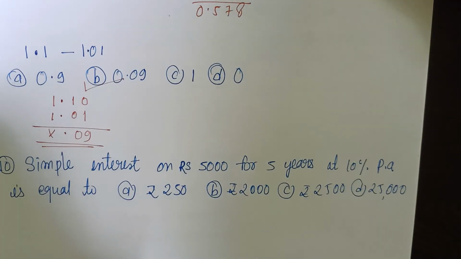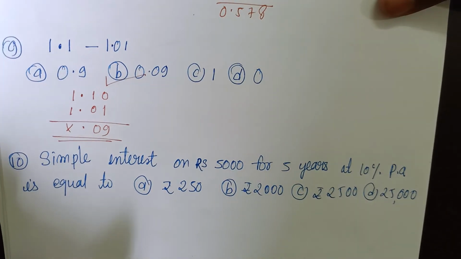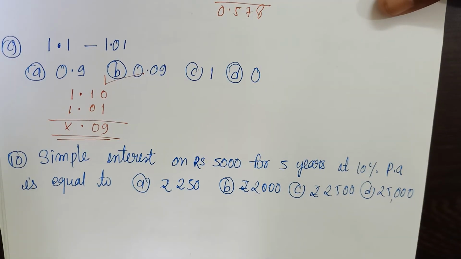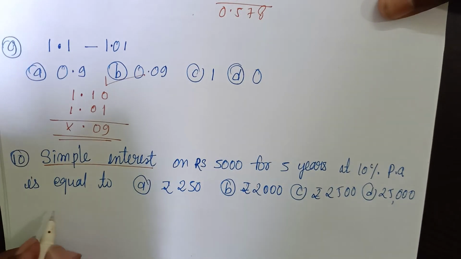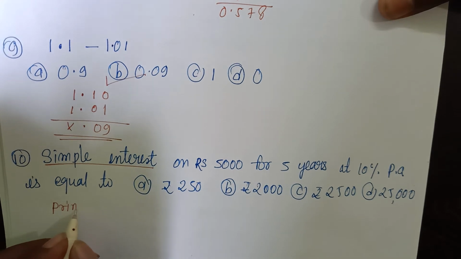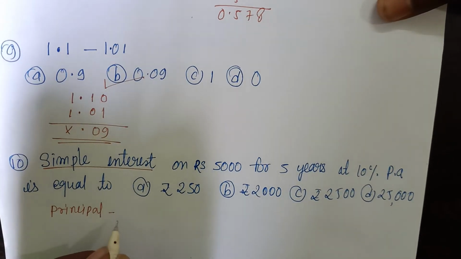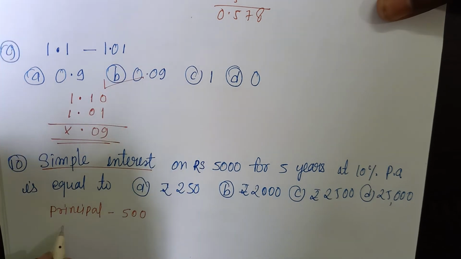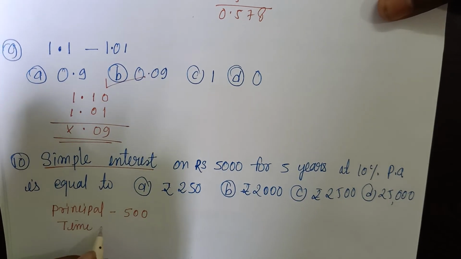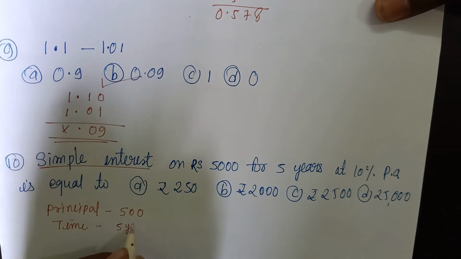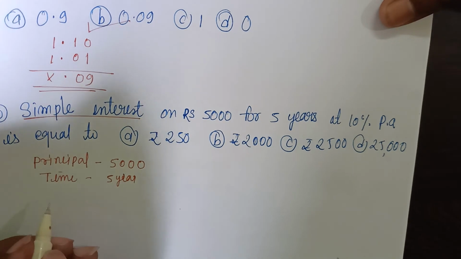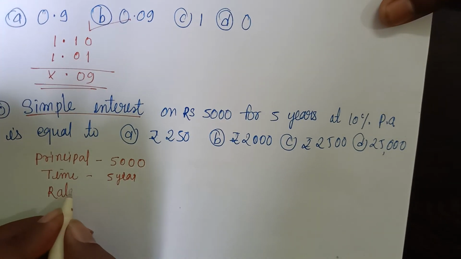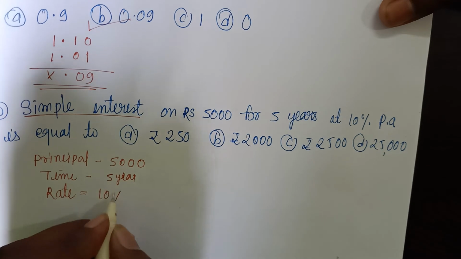Question number 10 and the last question for this video. Simple interest on 5,000 for 5 years at rate 10% per annum is equal to, we have to find simple interest. Here principal is 5,000, time is 5 years, and rate is 10%.